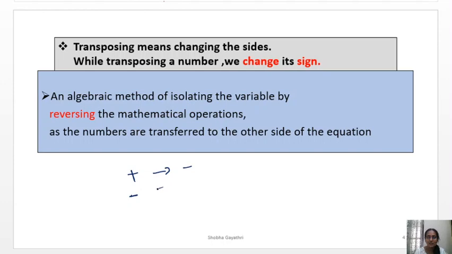Minus operation will become plus operation. Multiplication operation will become division operation. Division operation will become multiplication operation. While reversing the operations, while transposing the terms in an equation, we can find the solution of the equation.